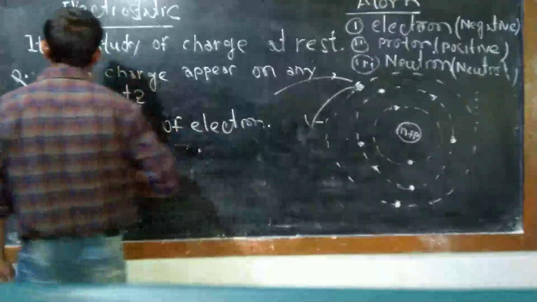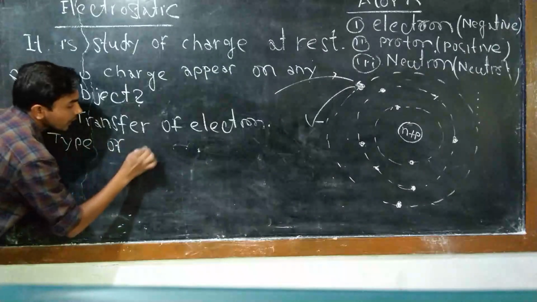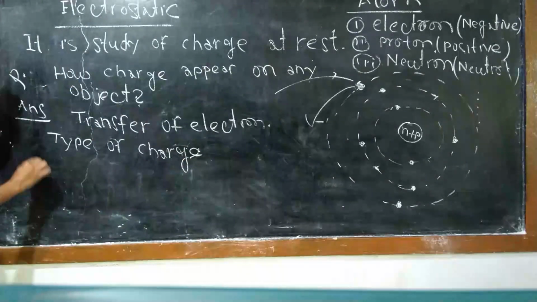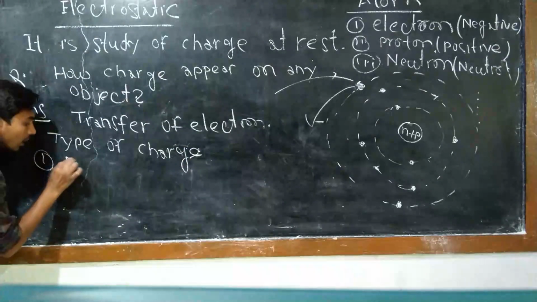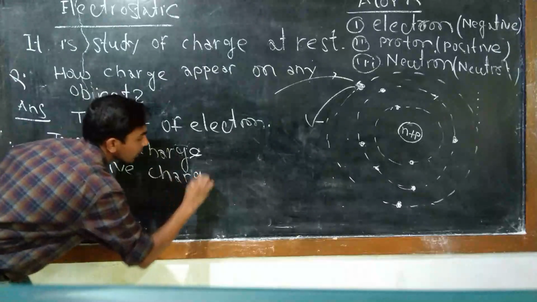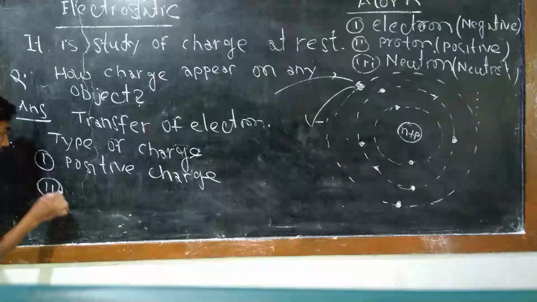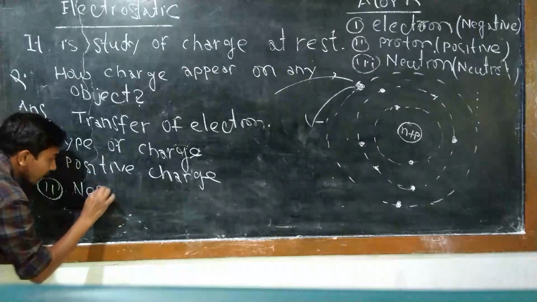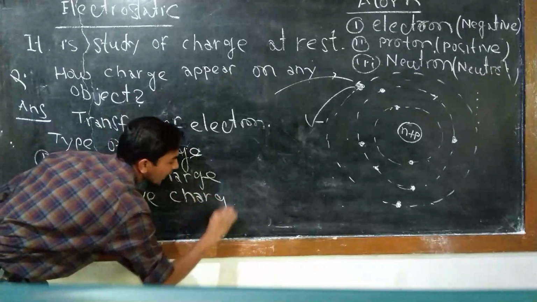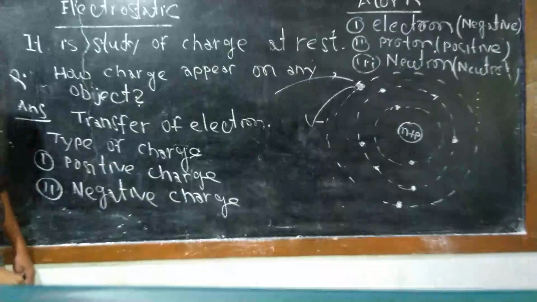Yes. So now I am going to discuss types of charge. First one is positive charge, and second one is negative charge. So how does positive charge appear?